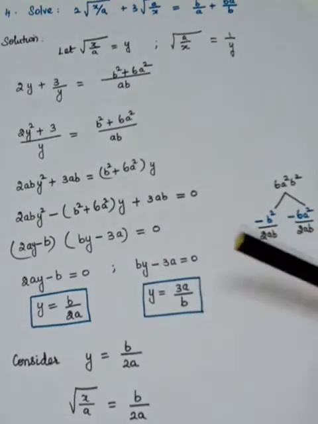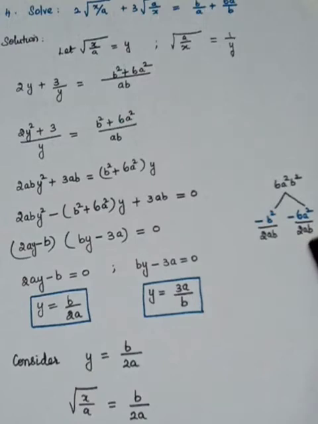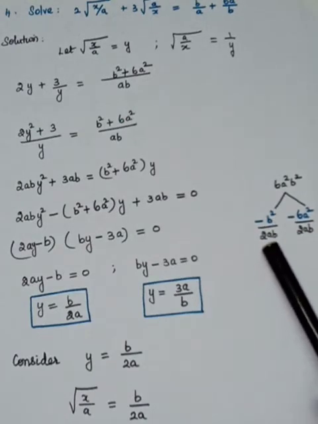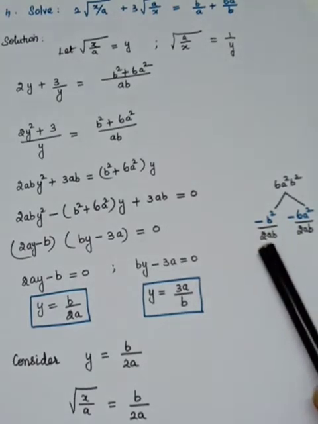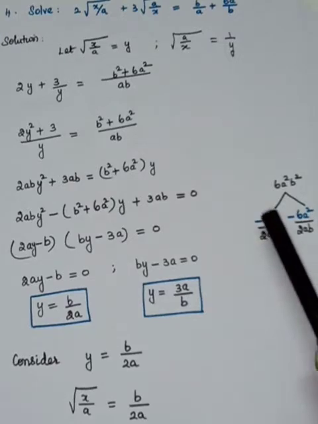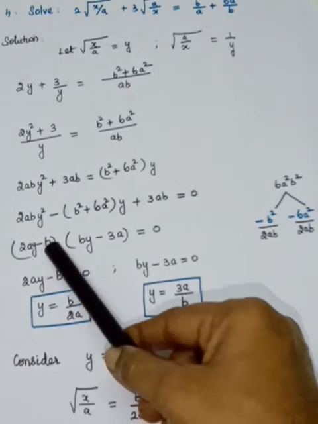So here the coefficient of y squared is 2ab, so it has to be divided by 2ab. If you cancel here, b is getting cancelled. In the denominator you will have 2a, numerator minus b. It will be written as 2ay minus b. The factor is 2ay minus b.